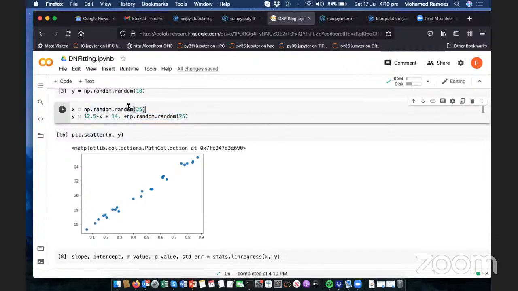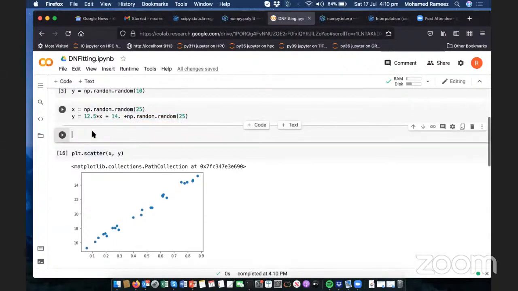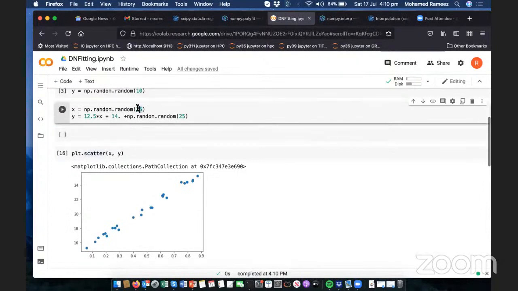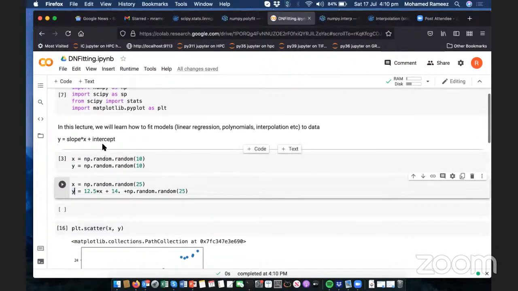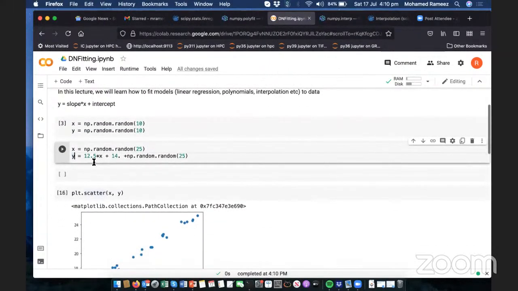So here I want you to understand what I did in these lines. I generated 25 random numbers between the value of 0 and 1. To each of those numbers, I am assigning a y coordinate according to this equation, slope times x plus intercept: 12.5 times x plus 14. So 14 is the intercept, 12.5 is the slope.